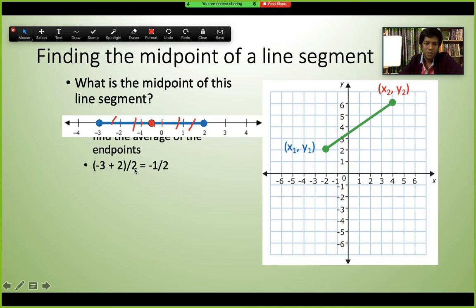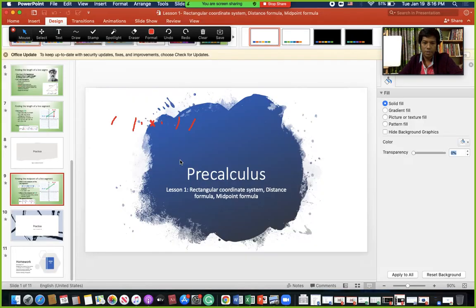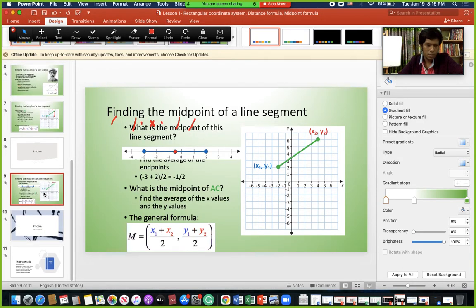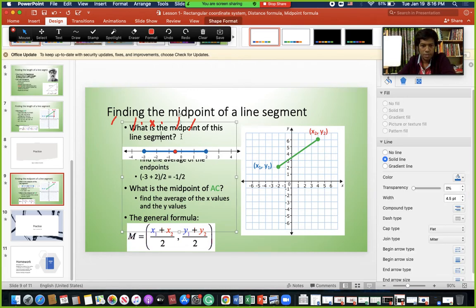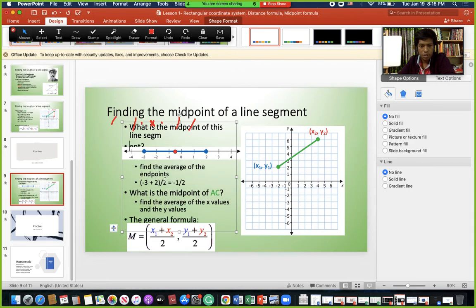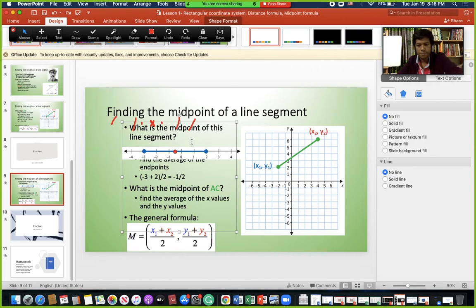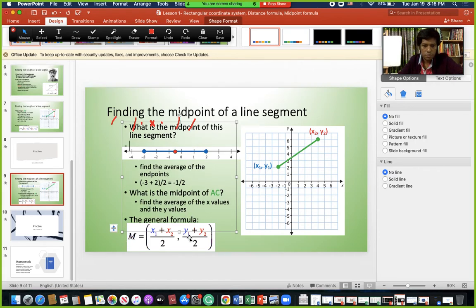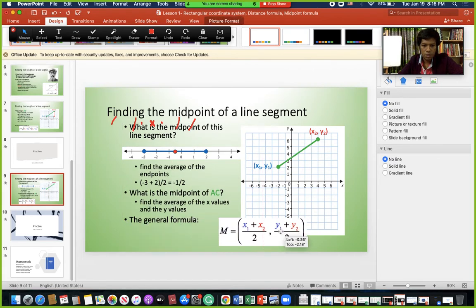So as you can see, minus 1 by 2. This is minus 3, this is plus 2. So minus 3 plus 2 divided by 2. To get the middle, let me do one thing. Some of the text is behind, you can put it here.